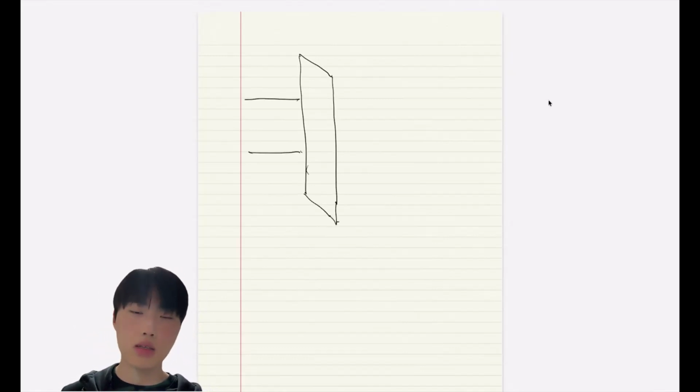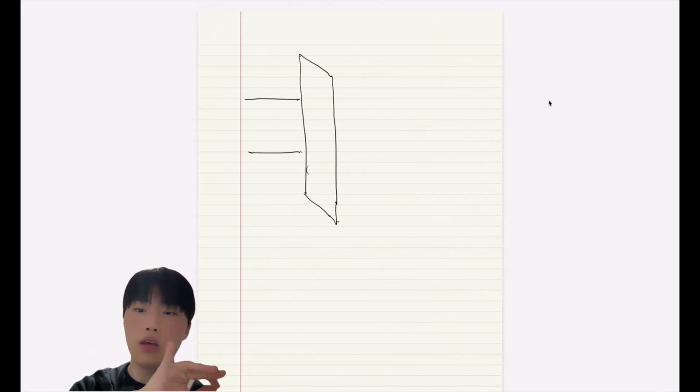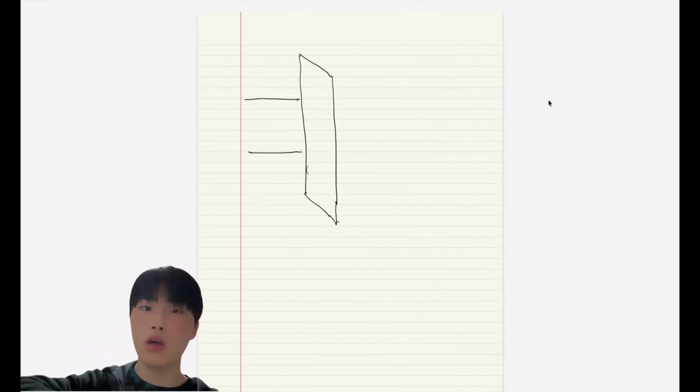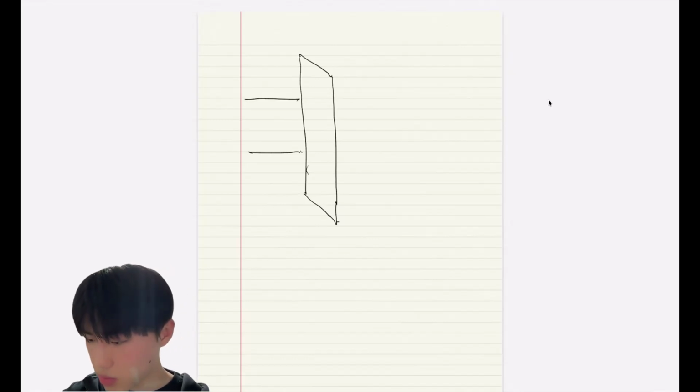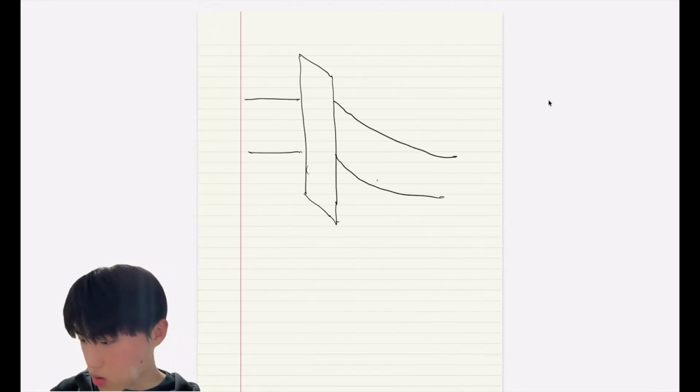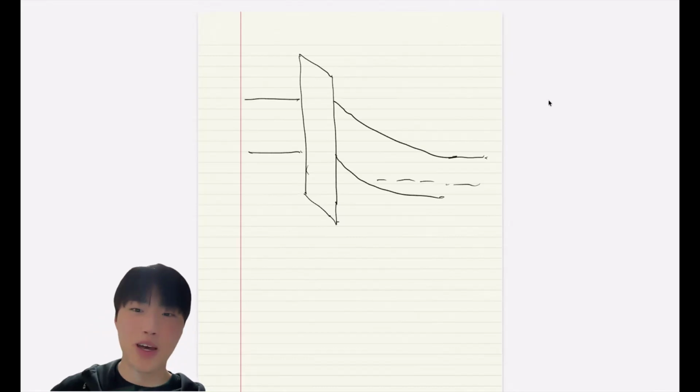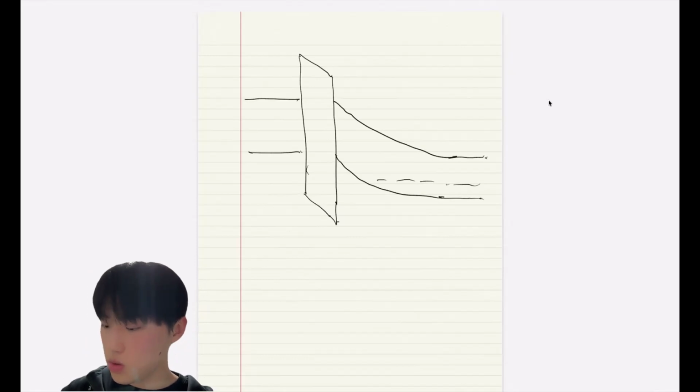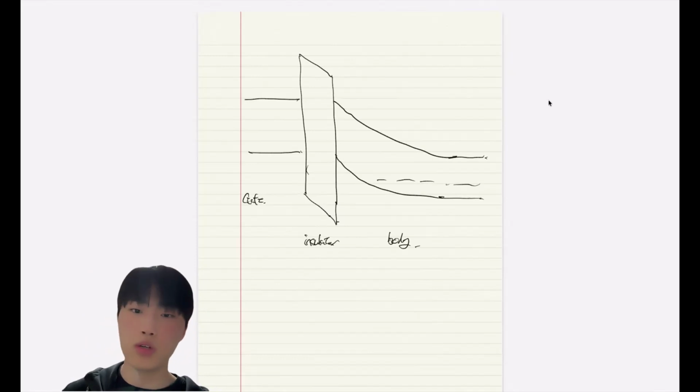We can draw it like this because the minus part is on the gate side, so the minus part goes higher. I'm not talented at drawing, so this will be the gate, this will be the insulator, and this will be the body. On the body side we use a P-type semiconductor, the P substrate.